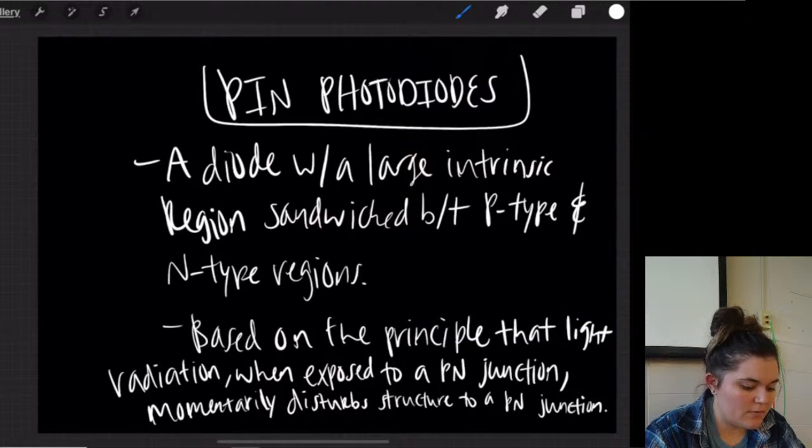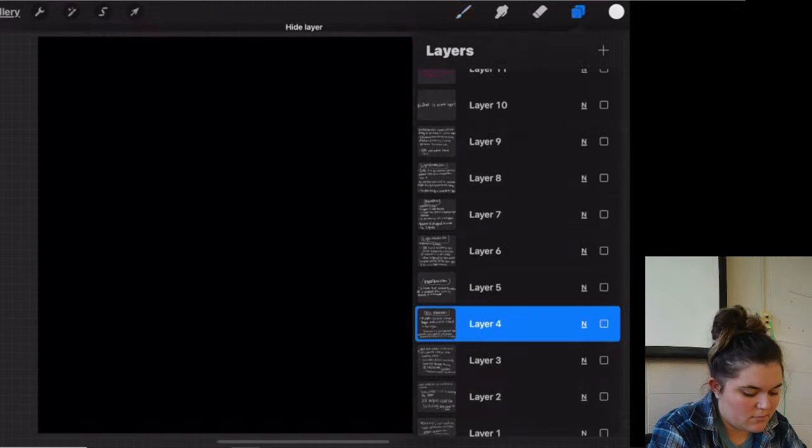PN photodiodes: a diode with a large intrinsic region sandwiched between P-type and N-type regions, based on the principle that light radiation, when exposed to a PN junction, momentarily disturbs the structure of the junction. Super interesting, right?